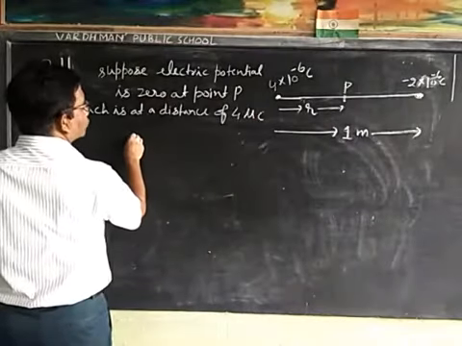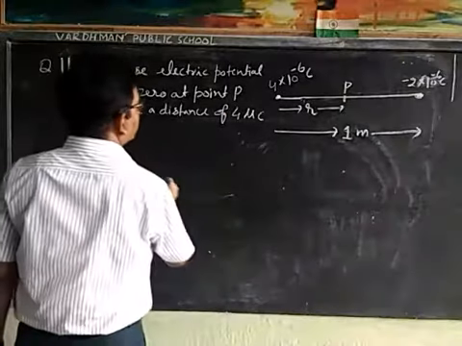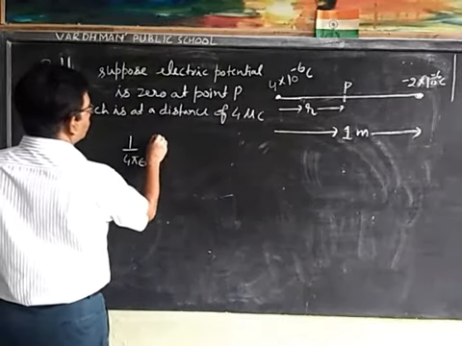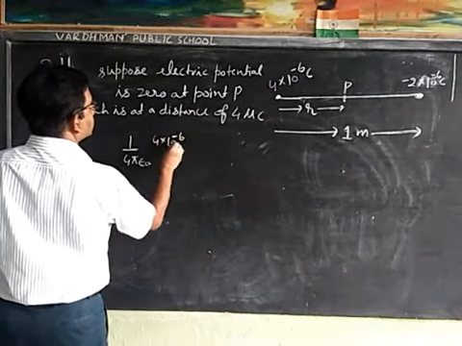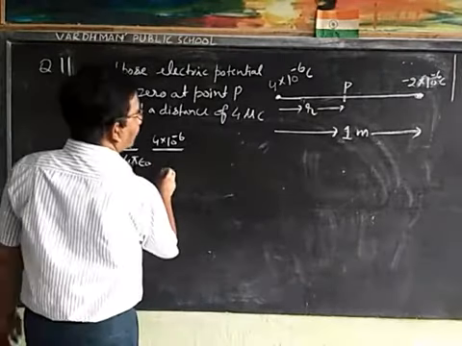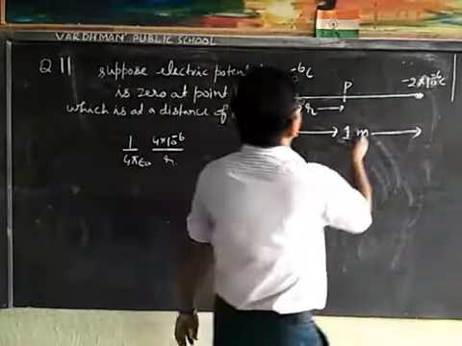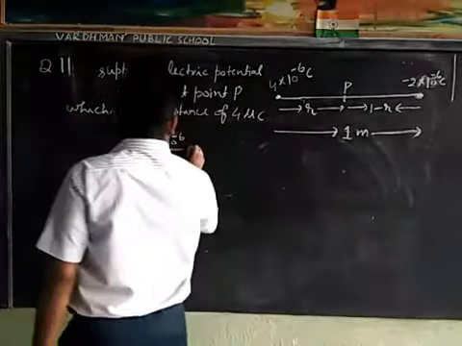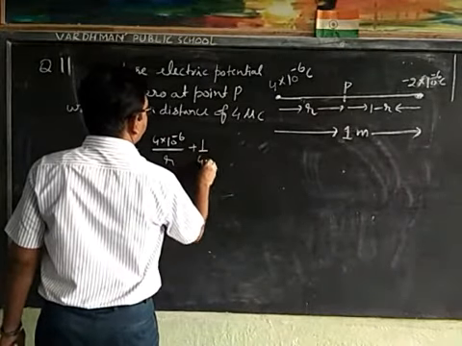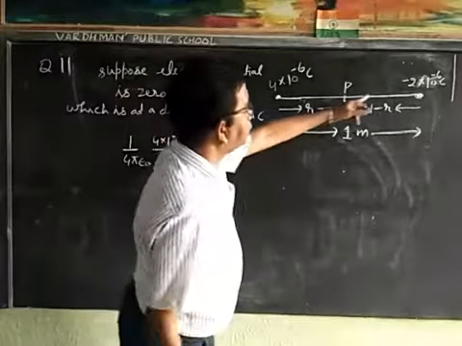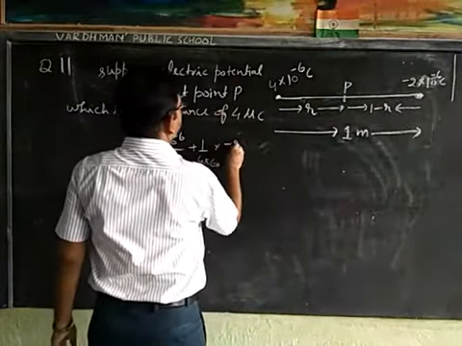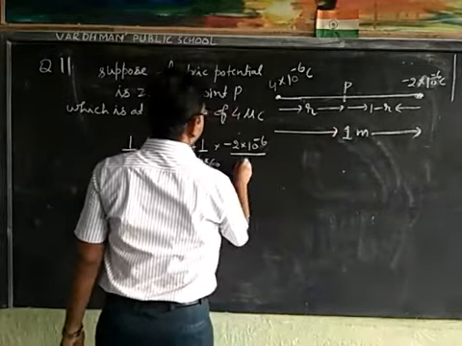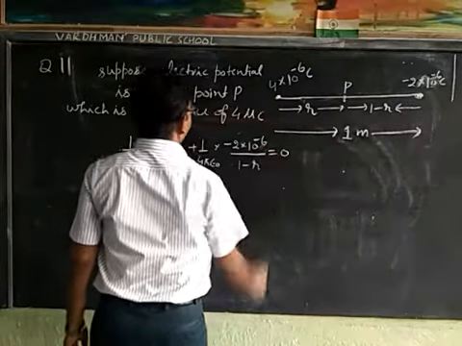Then V is equal to V1 plus V2, that is 1 upon 4 pi epsilon naught, 4 into 10 power minus 6 upon r, and this distance from the other charge is 1 minus r. So plus 1 upon 4 pi epsilon naught, this is minus 2 microcoulomb, minus 2 into 10 power minus 6 upon 1 minus r, is equal to 0.